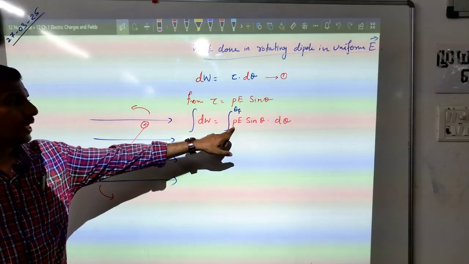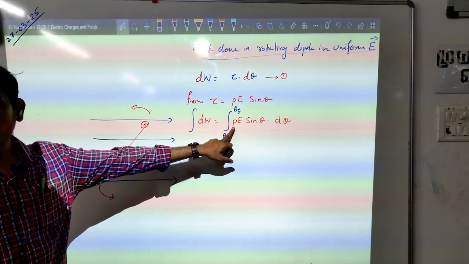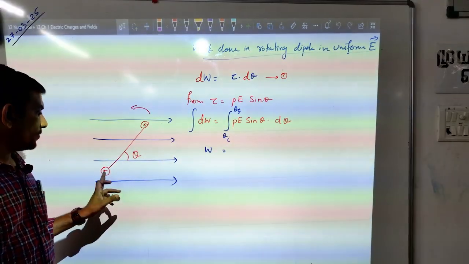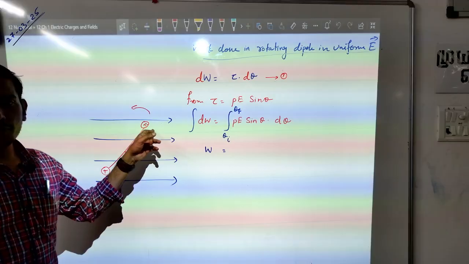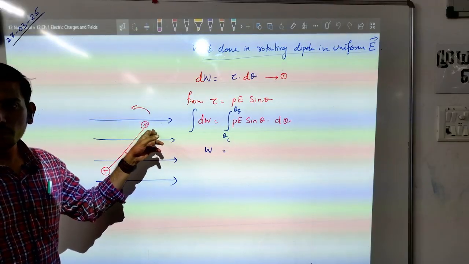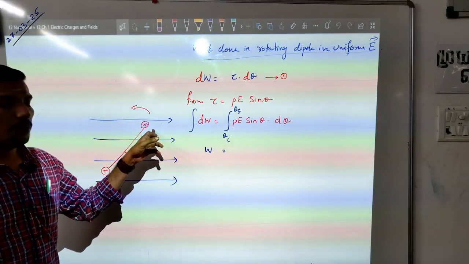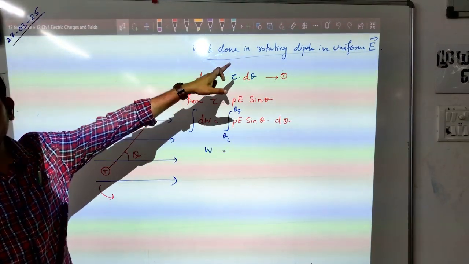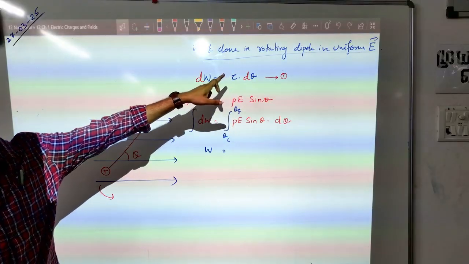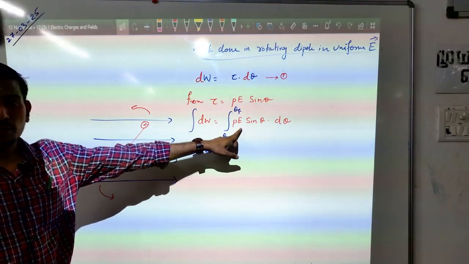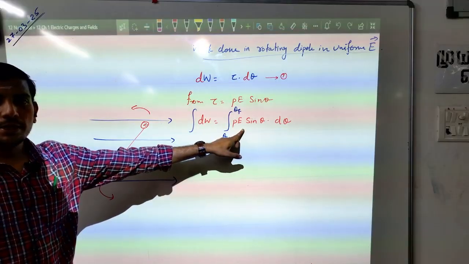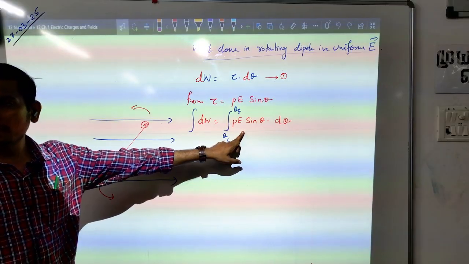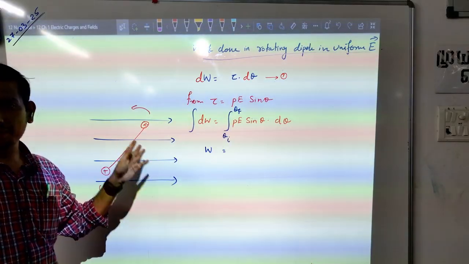Dipole moment is a constant for a given dipole, because it is the strength of the charge multiplied by the length of the dipole. Am I right? So both are constants, so P is a constant. And we have assumed a uniform electric field, so E is also a constant. So P and E won't participate in the integration process. Since both are constants, they will stay outside.